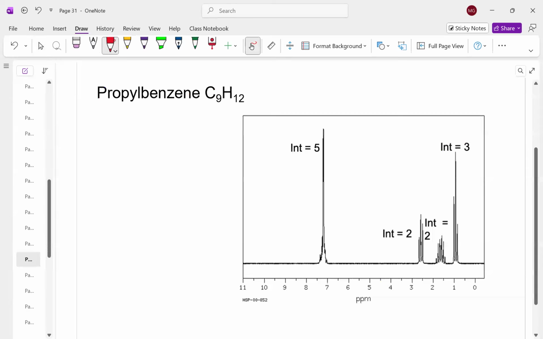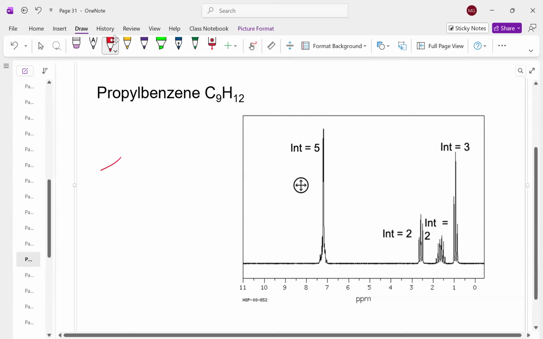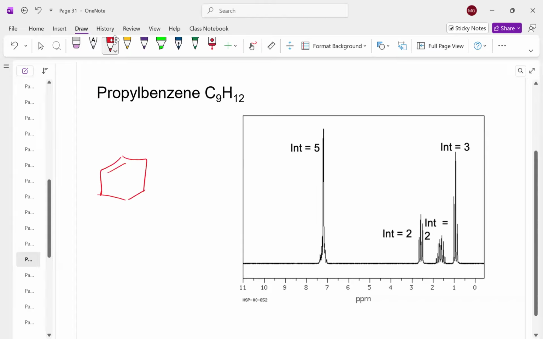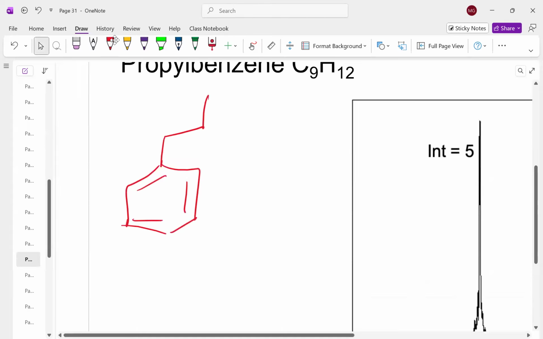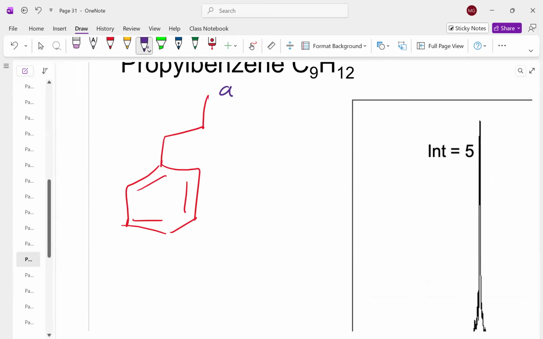All right, let's look at another example. Let's draw out propylbenzene here, and let's start from the basics and just predict first how many signals we should see. Let's start up here at the top. That's a CH3. No other CH3s around, so it's unique. Here's a CH2, but this one is a CH2 as well. Can I call them equivalent?